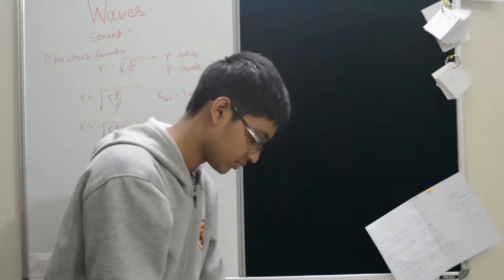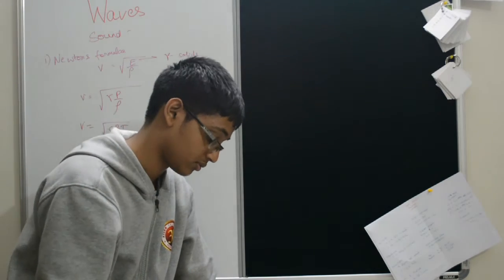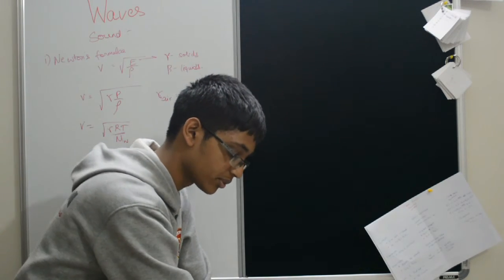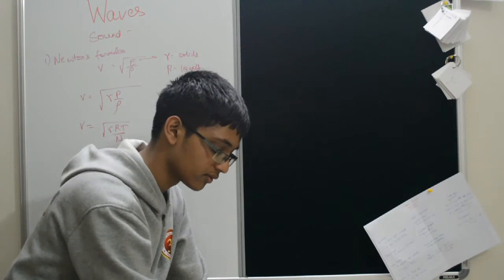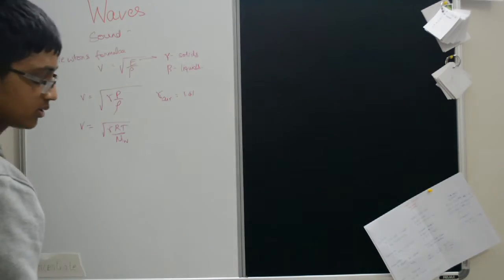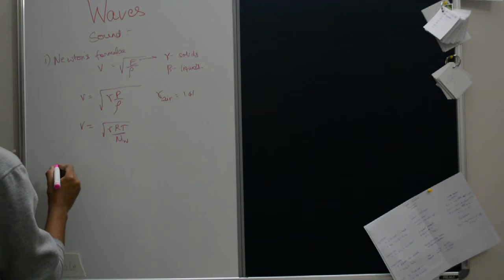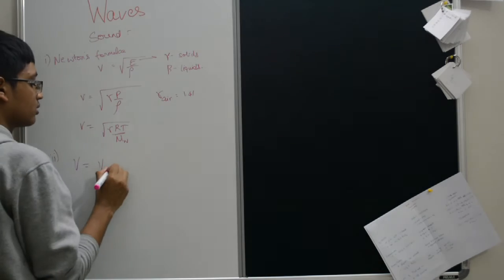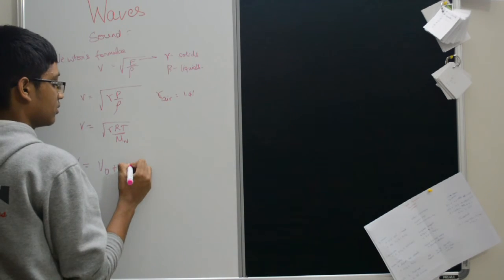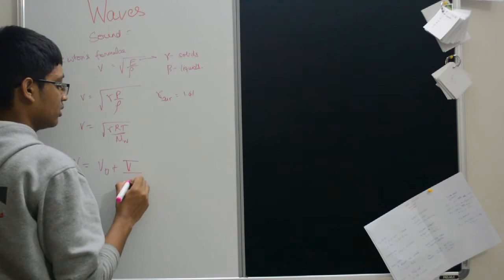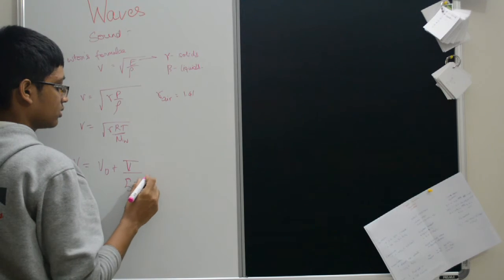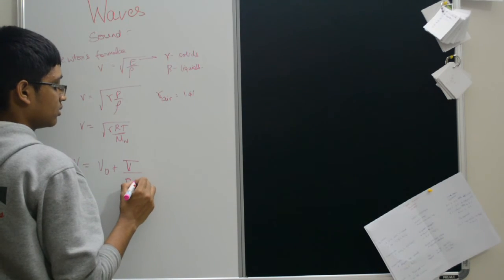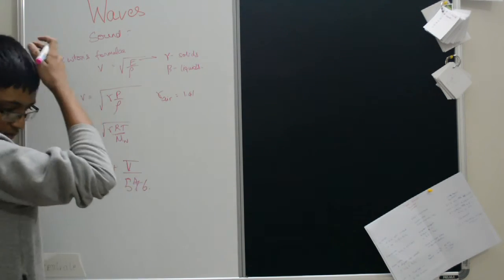Then we have the effects of temperature, humidity, pressure, motion of air, and frequency. For the first one, the effect of temperature, you should remember v = v₀ + t/546 times v₀.